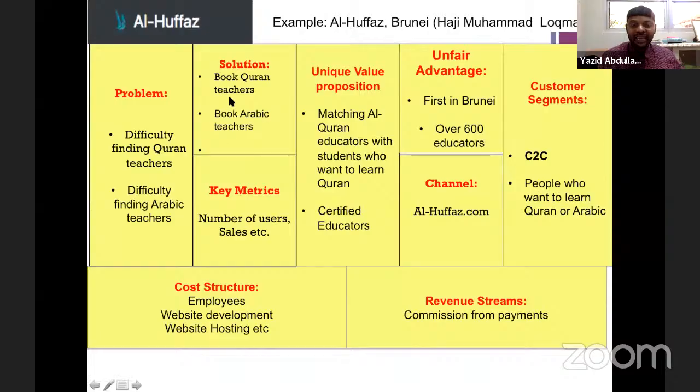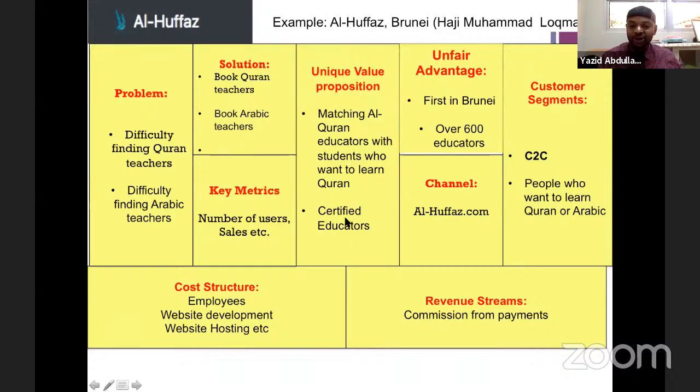And the solution they came up with is a website that allows people to book Quran teachers and also to book Arabic teachers. And it's a C2C company because their customer segment is C2C because they target individual Quran educators and individual customers. Their value proposition is matching Quran educators with students who want to learn Quran.